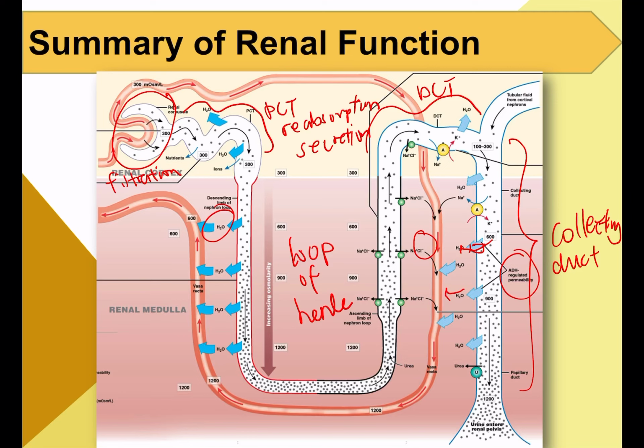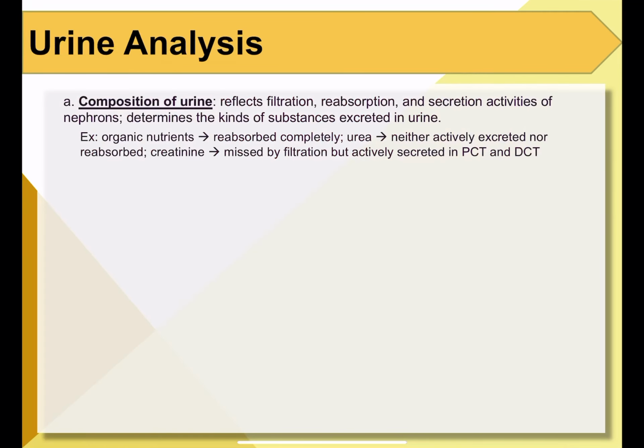Okay? All right, so make sure you know and understand what's going on in this picture according to what we've learned in all those specific sections of the nephron. Okay. All right, we are almost done here. Bear with me. Like I said, this is a long chapter with very complicated concepts.